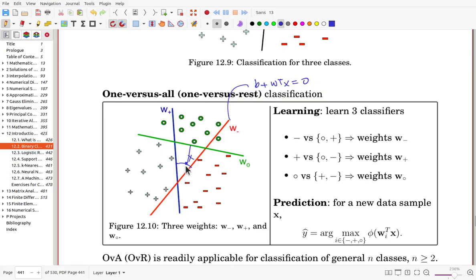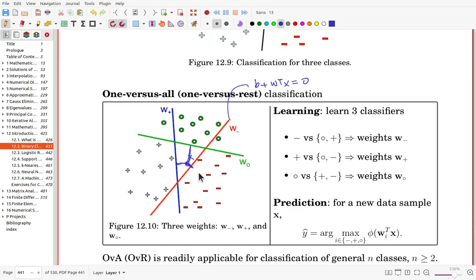There are 3 negative values, but this point is far away from the green line, farther than from the other lines, so this negative is the largest in magnitude. The others are negative but smaller. In negation it is far away, so among these 3 values, that side will be the maximum. So that point should belong to the negative class.